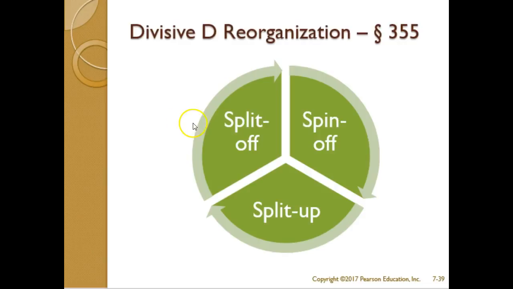So maybe one corporation is better in a different state than another. Sometimes there are different requirements for different enterprises in different states. And divesting operations because of antitrust laws. So that would be the reasons that you would do a divisive D reorganization split off.